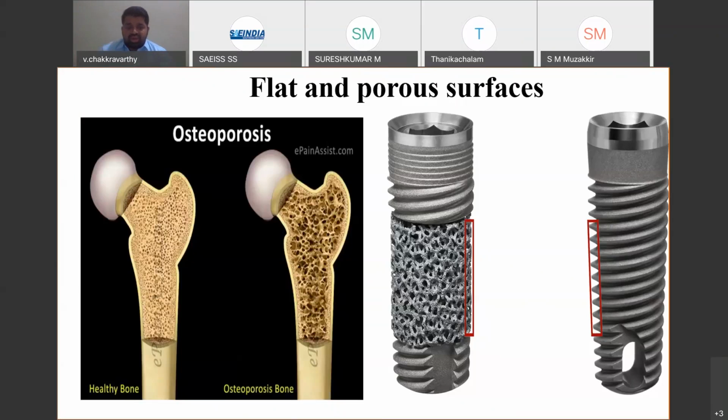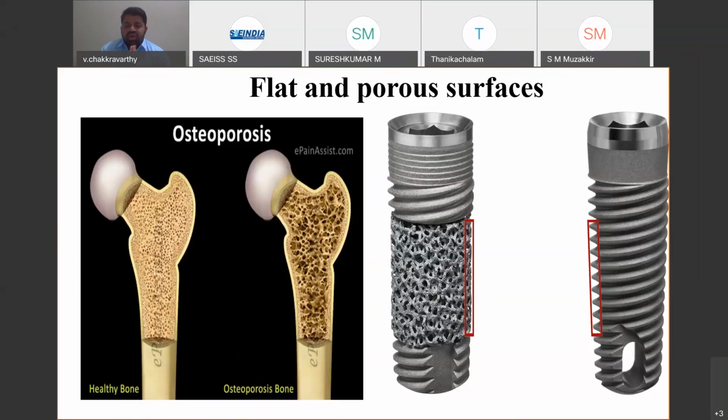Here two bones were shown. One is a healthy bone, and another is an osteoporosis bone, where at old age the calcium leaches from the bone, which leads to osteoporosis. That is one of the most common problems at old age. A lot of porosities will be there, so the bones will be unhealthy and will get broken.